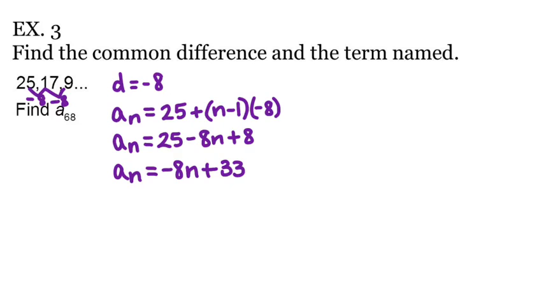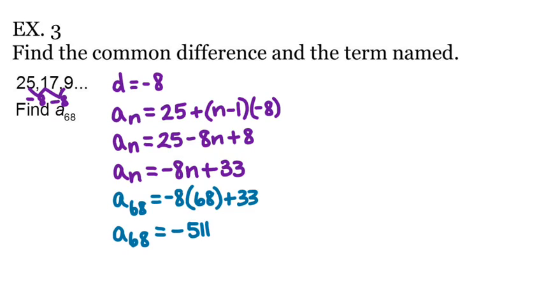So now that I have the explicit formula, I'm going to plug in 68 for n. So the 68th term is going to equal negative 8 times 68 plus 33. So I get that the 68th term is negative 511.